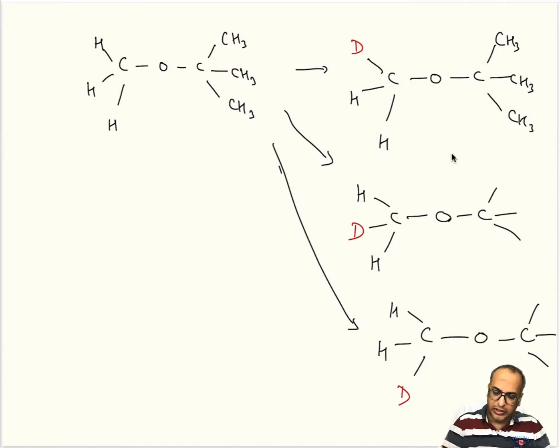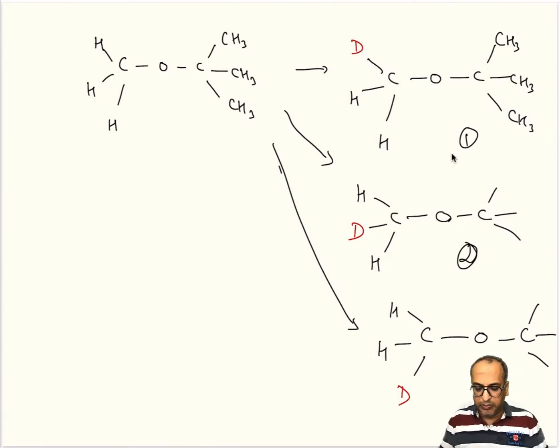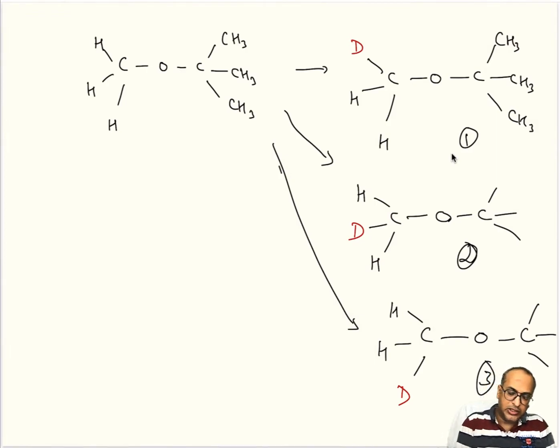So now you see that conformation 1, conformation 2 and conformation 3 of this molecule are essentially the same molecule. That means it does not matter which hydrogen you replace with deuterium, it will end up in the same molecule, and thus these three protons are called chemically equivalent protons.